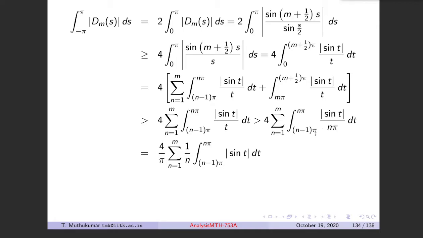So now this 1 over n pi comes out here. You have this integral, and the sum over all these different intervals is actually 0 to pi. That is how we started and split it. So this is the integral over 0 to pi of sin t, and the mod doesn't make a difference here because sine is anyway positive in this range.